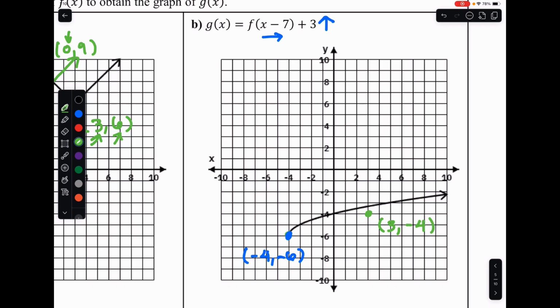So in my original position of negative 4 plus 7, that equals positive 3. And my original y coordinate of negative 6 plus 3 equals, oops, I did not count up enough.